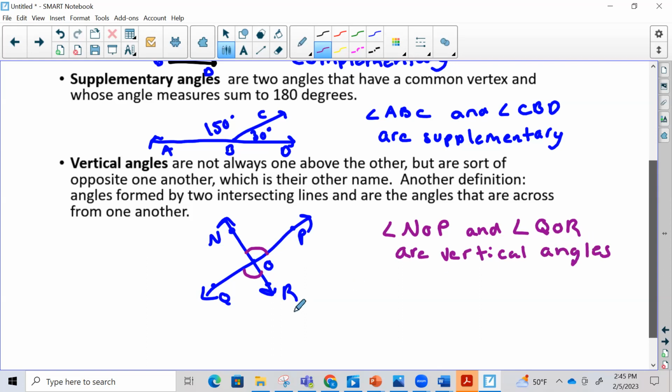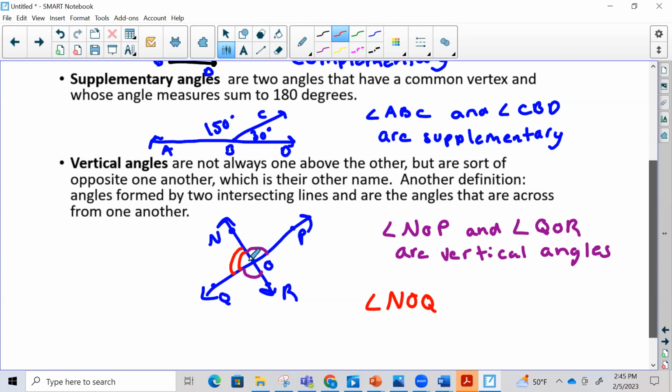When you have two intersecting lines, they always form two pairs of vertical angles. So the other pair would be if I looked at NOQ, which is this one here. Okay, and I'm just using two marks to indicate this angle.